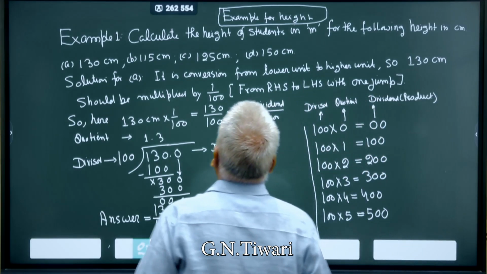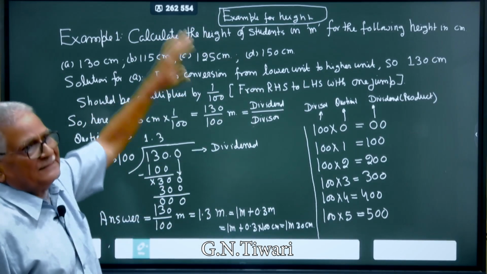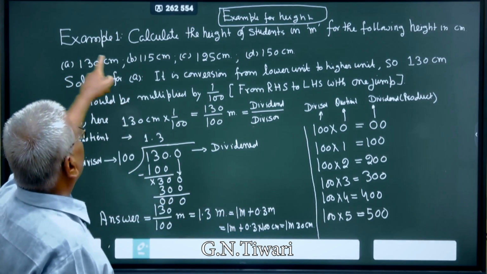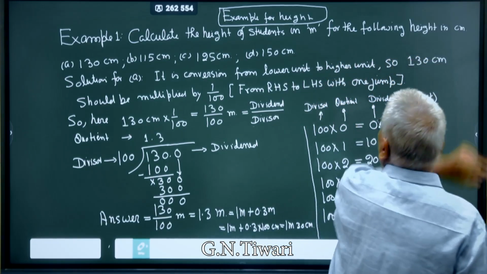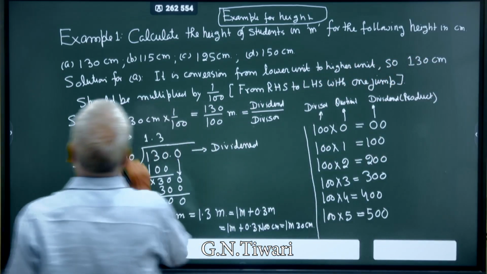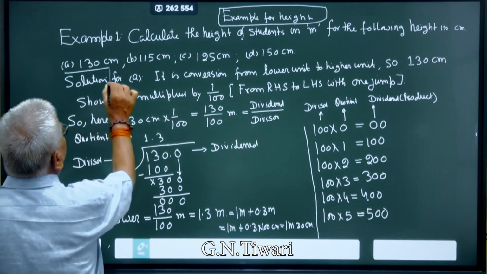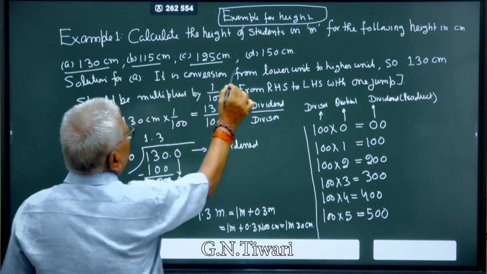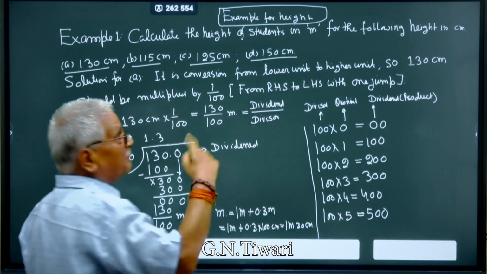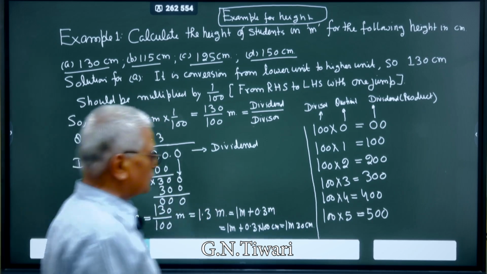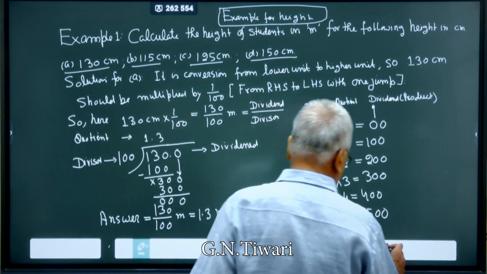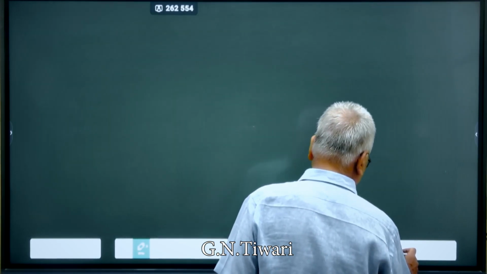अब देखिए, example for height. Here calculate the height of a student in meter from the following heights in centimeter. All students' heights have been given in centimeter, and you have to convert into meter. I will just show you centimeter to meter.